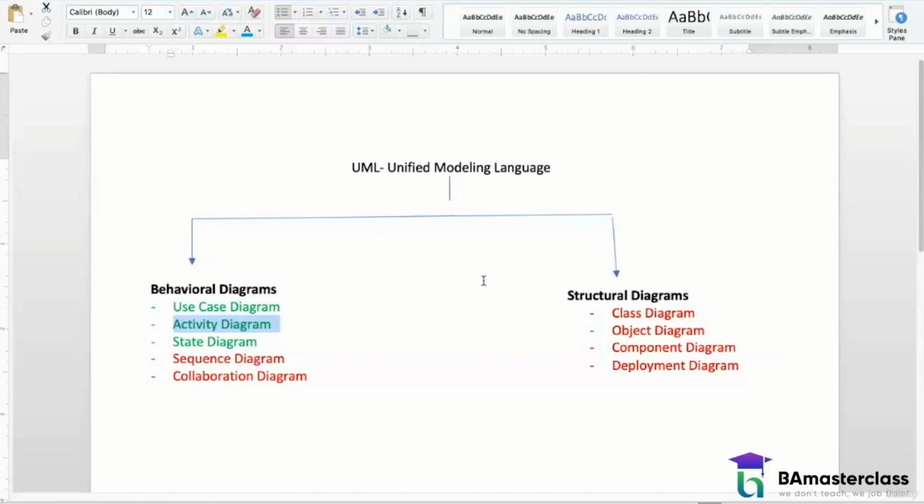An activity diagram is used to show a business process workflow.